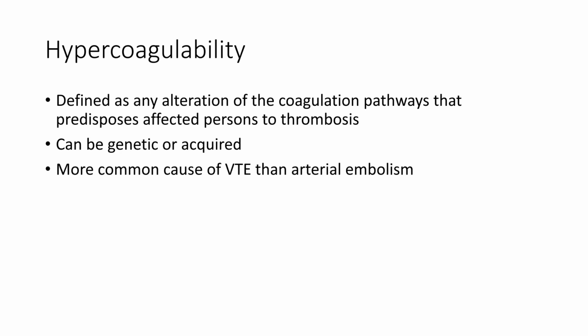Under genetic, we know that there are certain mutations, especially in the European population, that can result in hypercoagulability, such as Factor V Leiden mutation. You can even have homocystinemia as well, being a genetic cause.